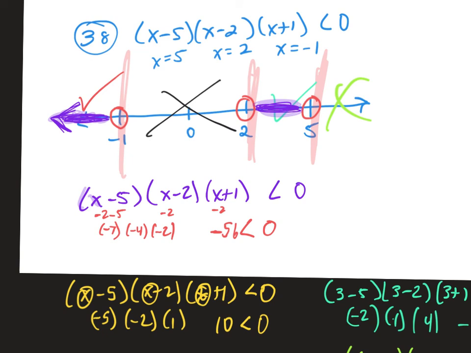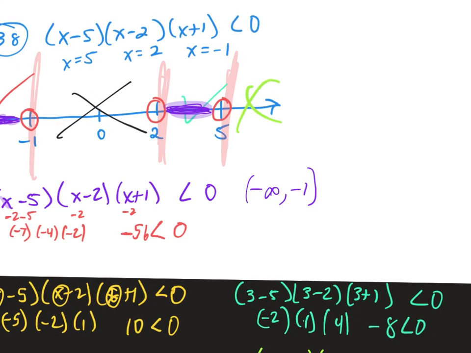Reading from left to right, it would be negative infinity to -1 with a parenthesis, because it does not include -1. Then a union, and it works again from 2 to 5, parentheses. That's the only place on this graph where you could pick numbers and satisfy the inequality.